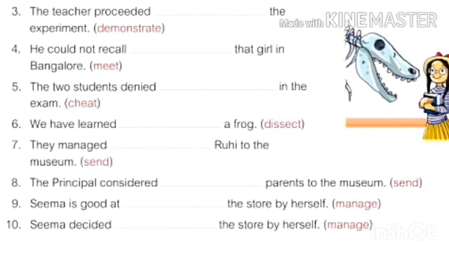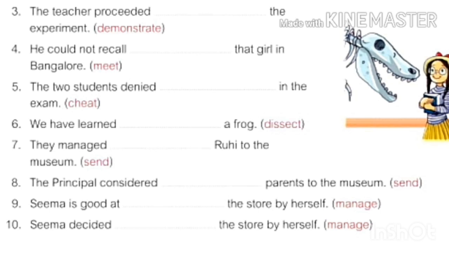Next, 9. Sima is good at dash. A preposition is used here. So after a preposition we always use a gerund. So here manage will become managing. So Sima is good at managing the store by herself. And the last one of this chapter, Sima decided. After such words we always use the infinitive.